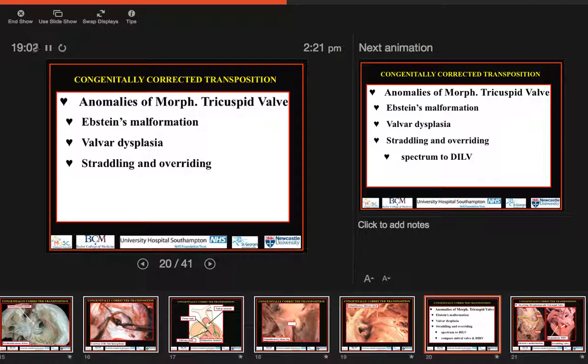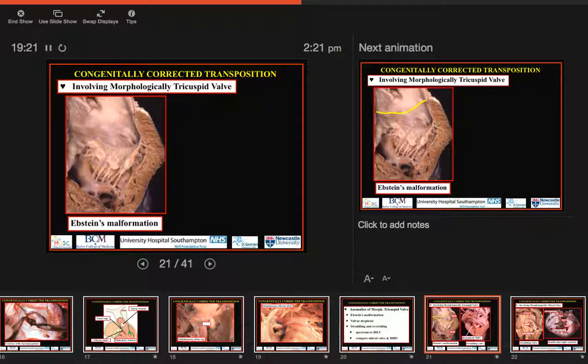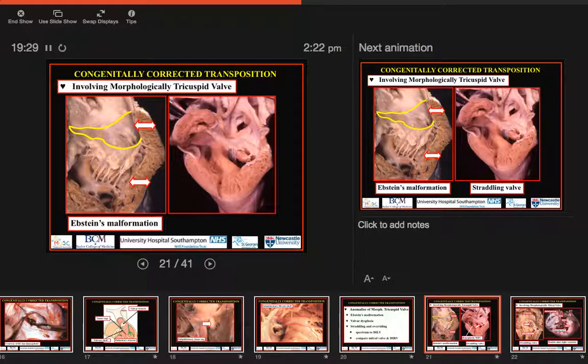Because they can be found in so many combinations, and in this combination, straddling of the tricuspid valve is a spectrum leading to double inlet left ventricle, and straddling of the mitral valve is a spectrum leading to double inlet right ventricle. I've shown you this picture already, the Ebsteinoid malformation, rotational displacement, but without thinning of the inlet portion.